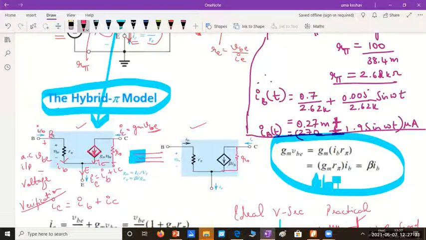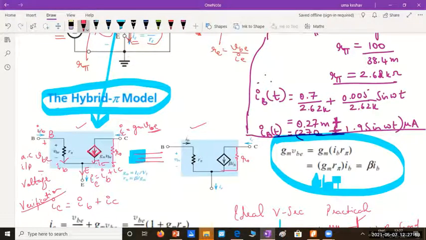It's not a purely current source or voltage source model. It's not a pure conductance model. It will have resistance, current source, voltage source, conductance, a combination of parameters, hence the name hybrid. Hybrid means it has a variety of elements, not a single type of network element.